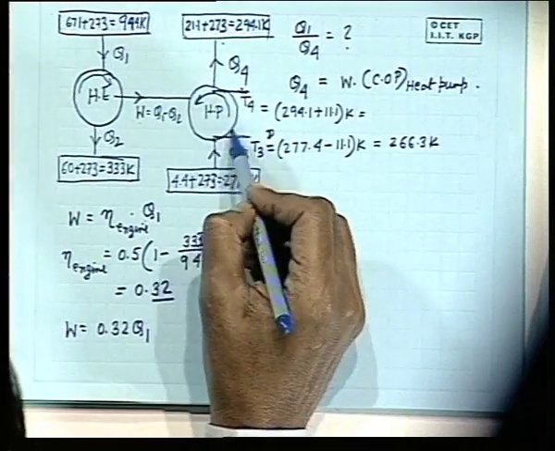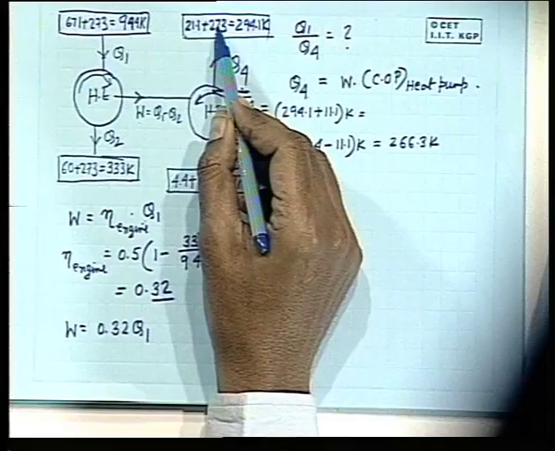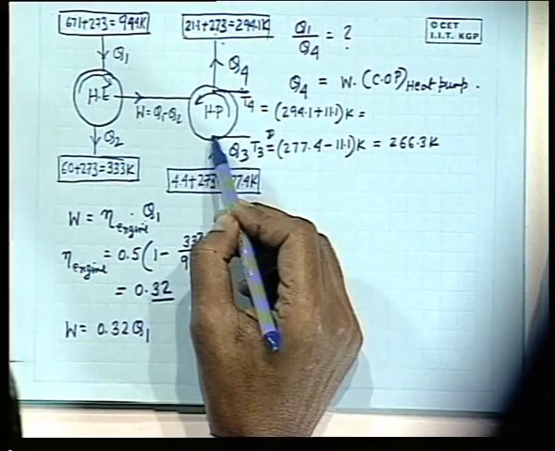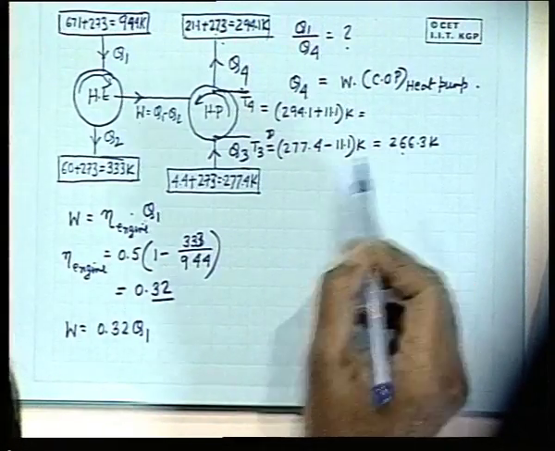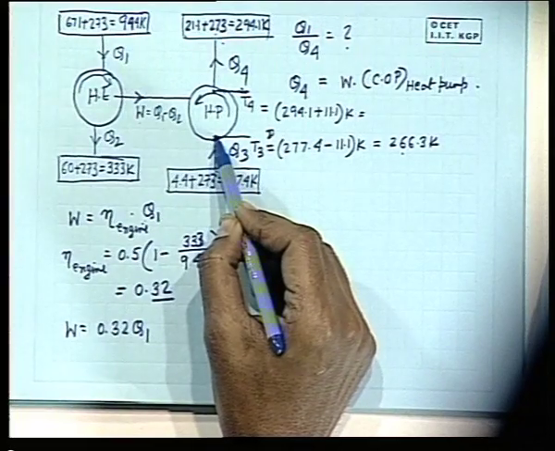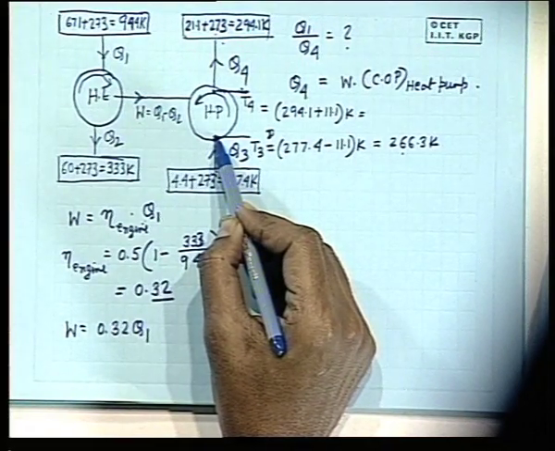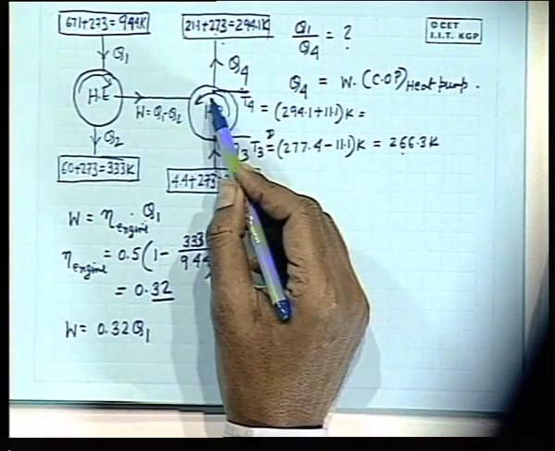Another is the heat given by the heat pump to this reservoir. So when heat addition is taking place to the working fluid of the heat pump, the working fluid is at this temperature, so that this temperature gradient can transfer heat from the reservoir to the working system.